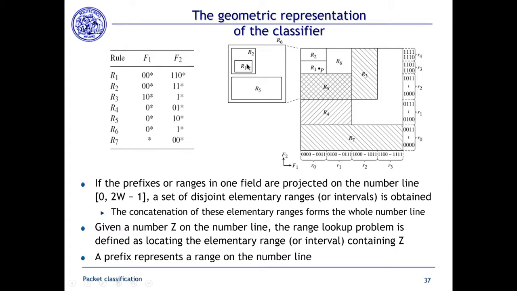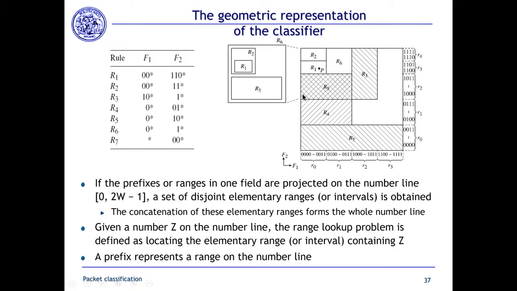Then rule 2 is 00 and 11, and if you project these intervals onto the axes, you find this rectangle here, which is larger and enclosing rule 1. And then there is also rule 5, which is 0 and 10. So the two intervals are this one.